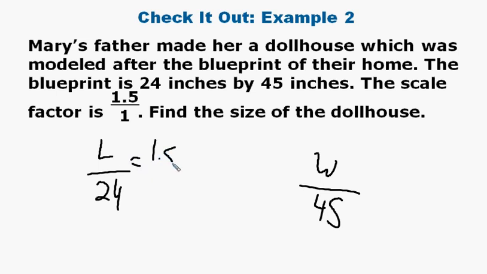My ratio is 1.5 over 1. And notice the ratios are flipped from what it was last time because our new figure is the dollhouse and the original was the blueprint.